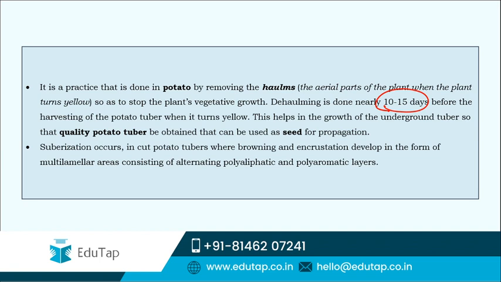Then immediately the top aerial parts, which are called haulms, are removed so that the plant's vegetative growth can be stopped. This helps in the growth of the underground tuber, and the quality of the potato tuber would be good. The thickness of the skin layer on the potato would be good, so that it can be used as a seed for propagation.